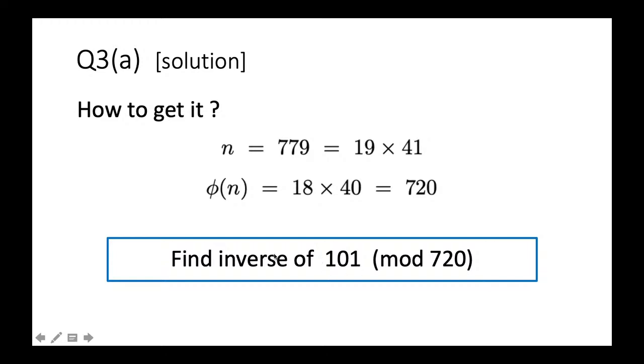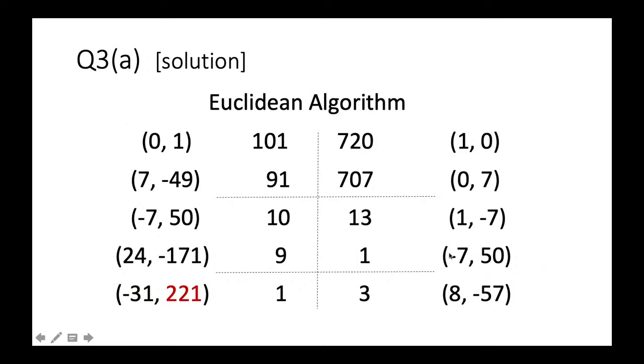In that case, to find the inverse of 101 mod 720, we apply the Euclidean algorithm on 101 and 720. Let's express 101 as 0 times 720 plus 1 times 101. And 720 we express as 1 times 720 plus 0 times 101.